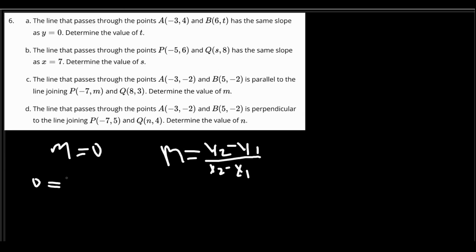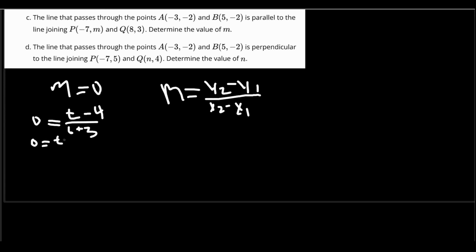I'll put t as my y2. So we have t minus 4 over 6 minus negative 3, which is just plus 3. We can really just ignore the denominator here, because we set this equal to 0, but I'll still solve it to make things a little bit easier. So we have 0 is equal to t minus 4 over 9.